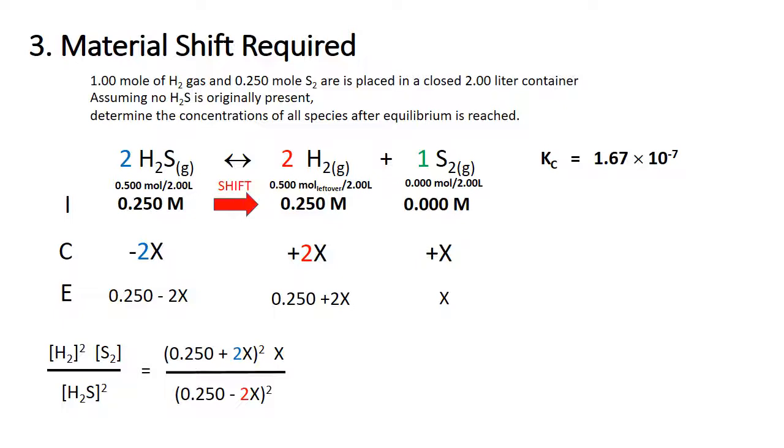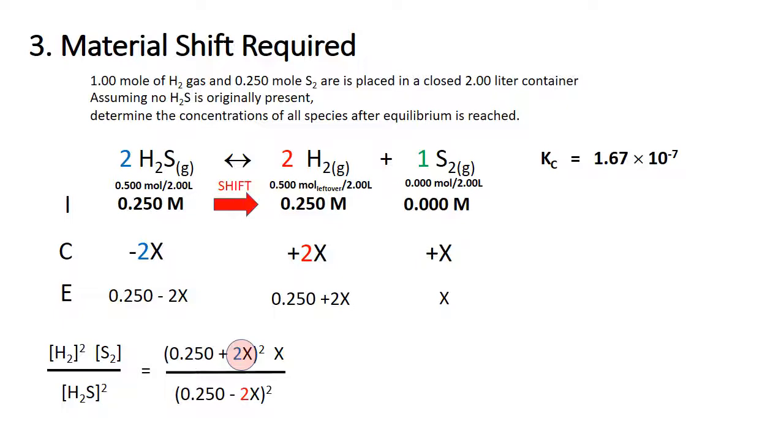We'd have to use FOIL several times, and it would absolutely be a mess. However, in this case, we've done a material shift, knowing full well that if we can move everything over to the reactant side as much as possible, we'll be in agreement with the very small equilibrium constant that we have. And this was all done so that we would be able to simplify the math.